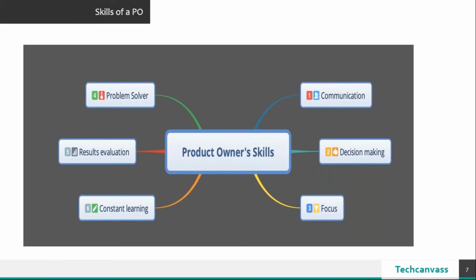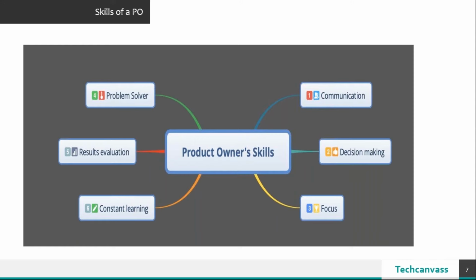And eventually, your focus always has to be on your product vision. So many times, as a product owner, you get so much involved in the development activities that eventually you tend to lose focus on what the product vision is. So that has to be avoided.